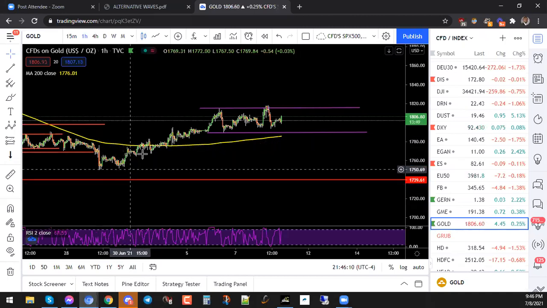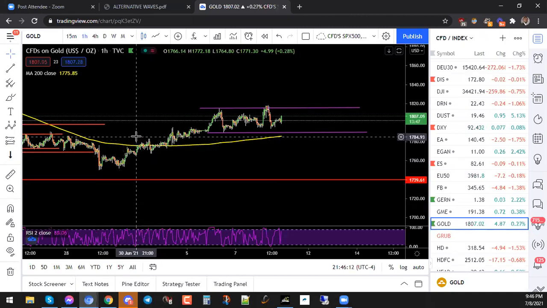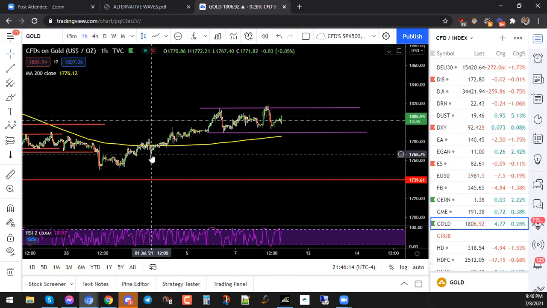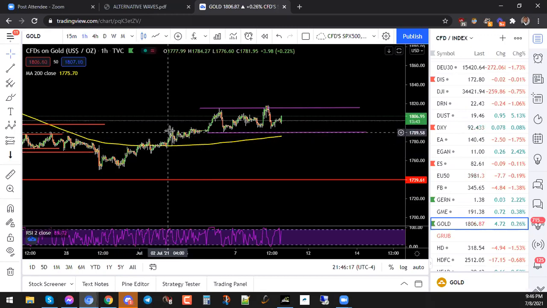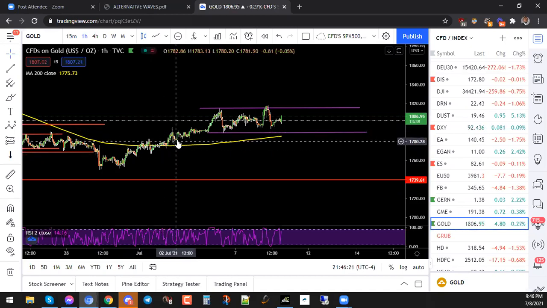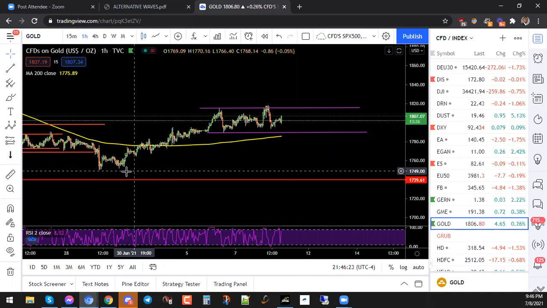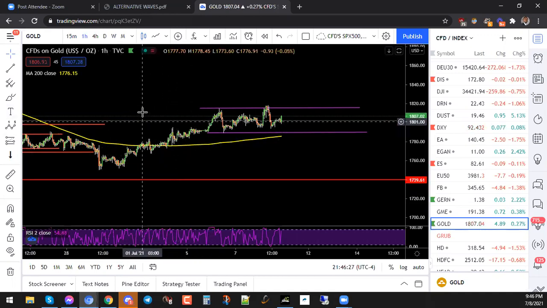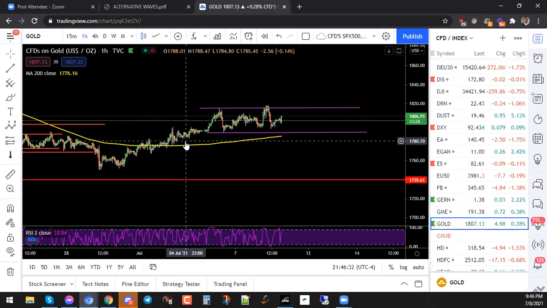All right, so this is 1, 2, 3. This is 4. This is 5. All right, this looks a bit complex. Okay, these waves make sense. This one and this one.